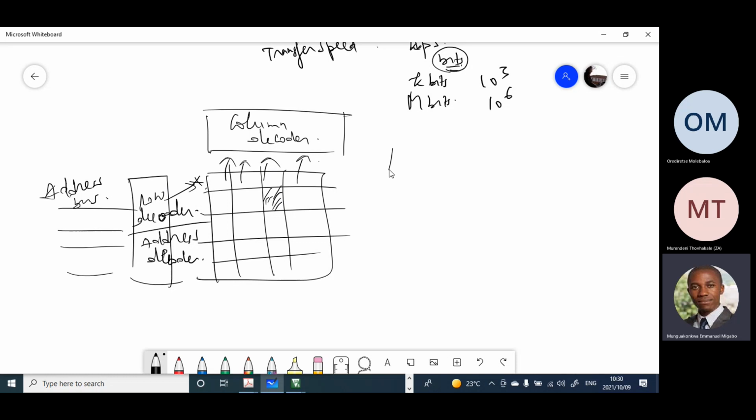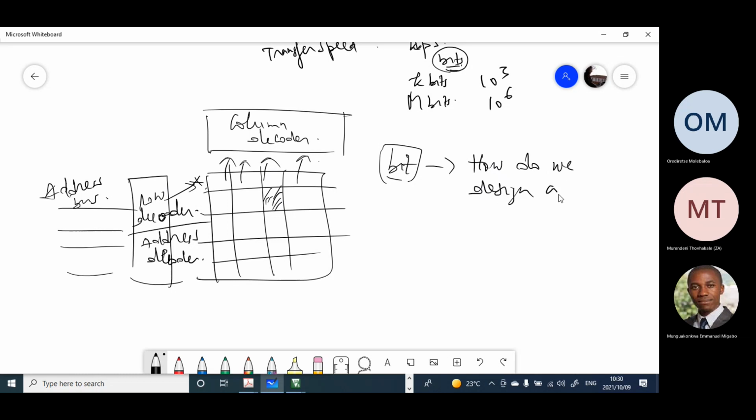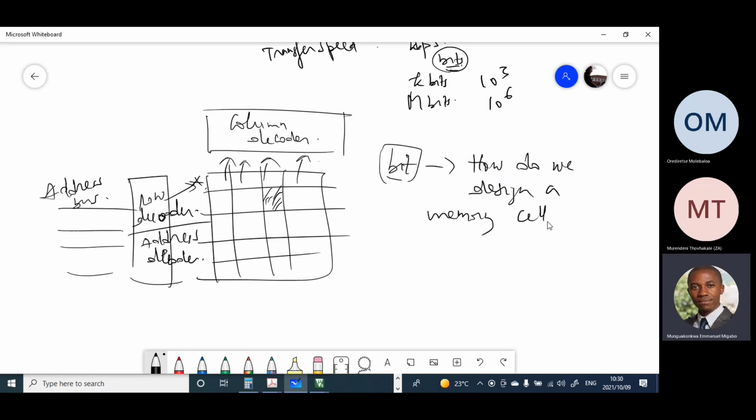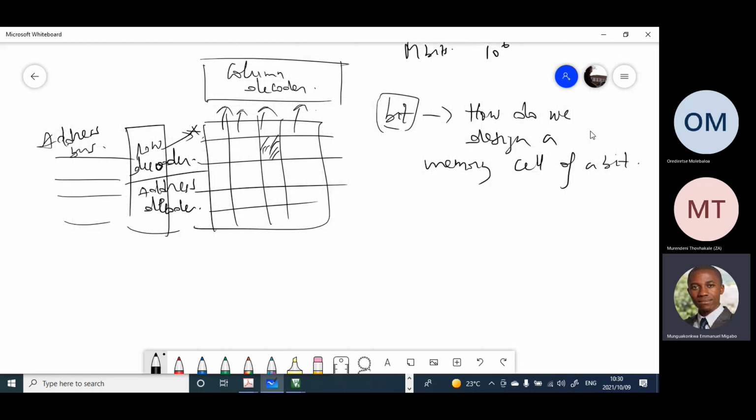Because the smallest unit is a bit, how do we design a memory cell of a bit? You've also learned this already. How do you design a memory device that can store up to 1 bit? Anyone? Forgot. In terms of columns.